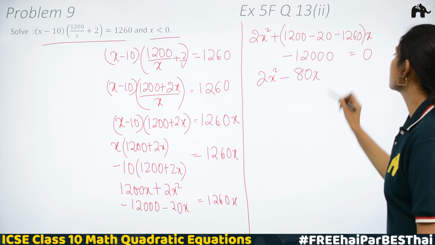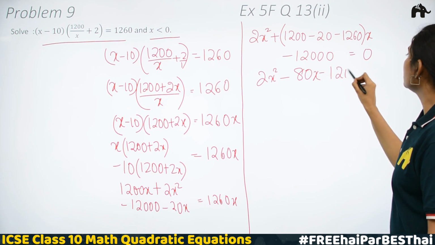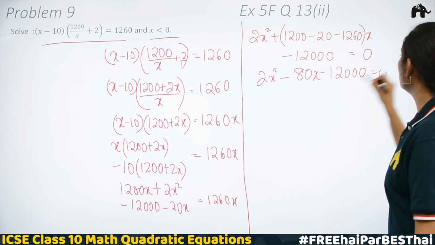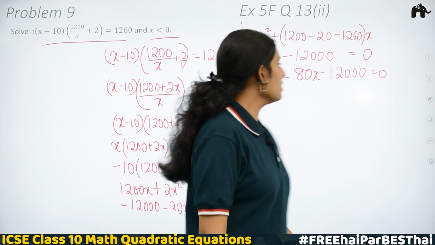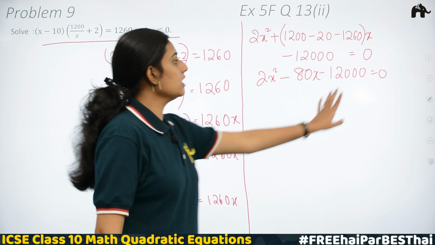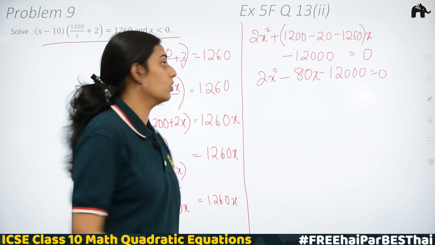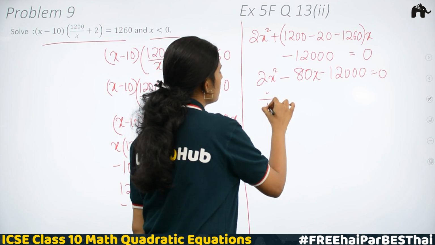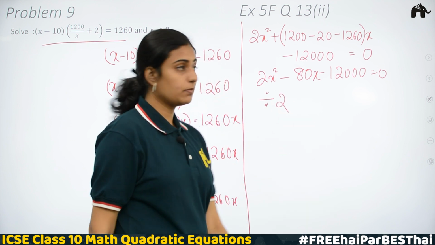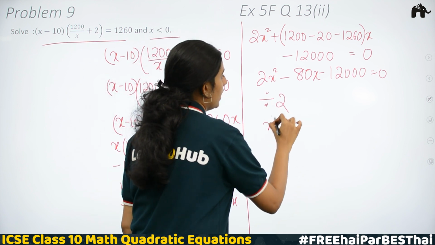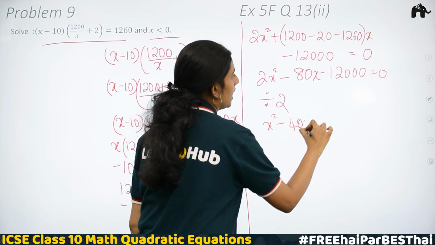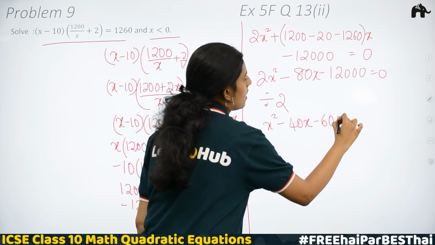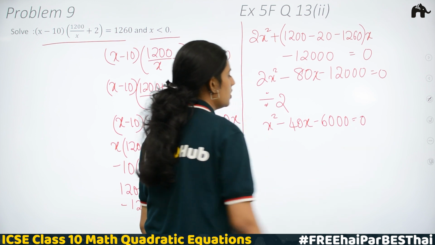Minus 80x minus 12,000 is equal to 0. 2x square minus 80x minus 12,000 is equal to 0. Dividing throughout by 2, we get x square minus 40x minus 6,000 is equal to 0.